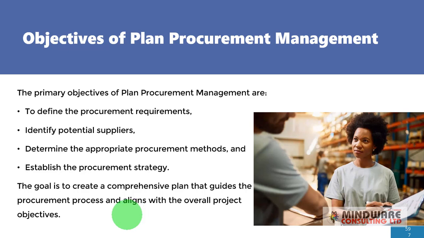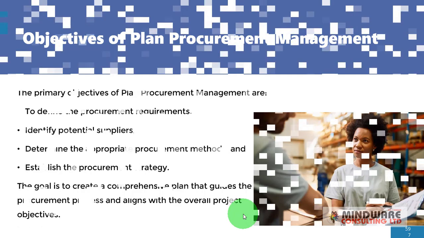So you have to have that in view when you are making your plans. The plans have to align with the overall project objectives at the end of the day. Okay, so let's move on.